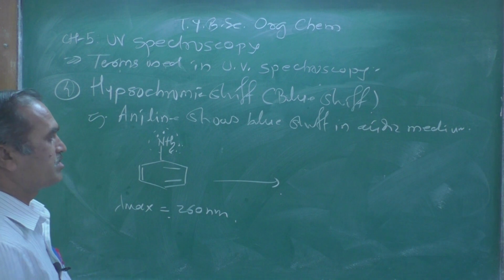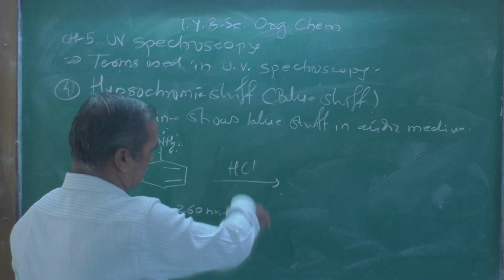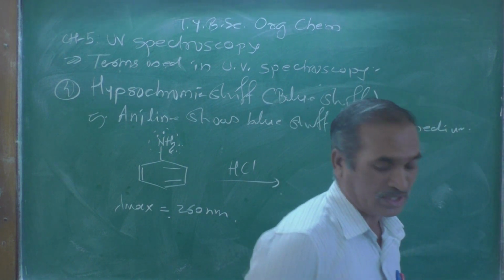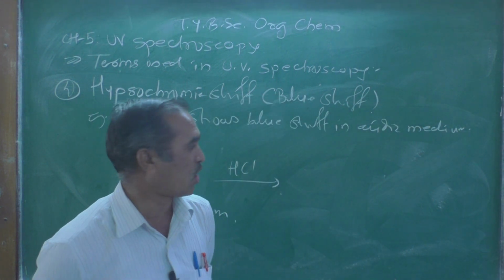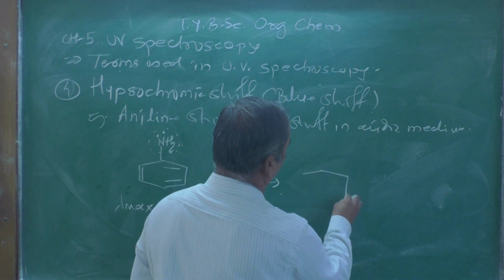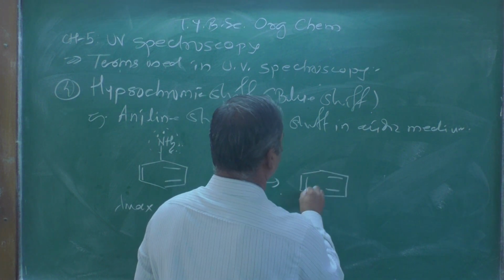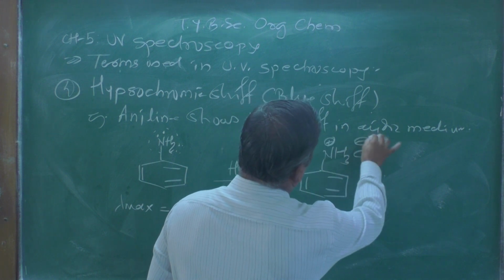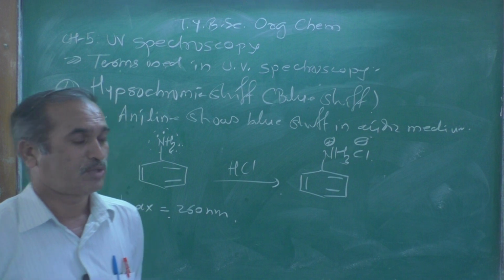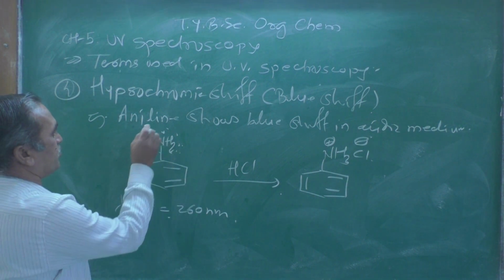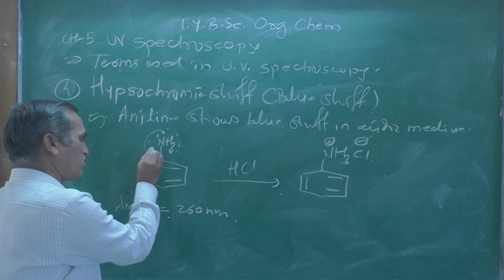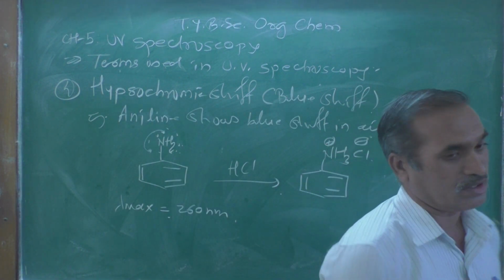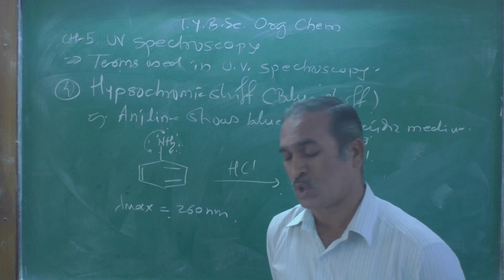And now when it is treated with HCl, which is an acid base reaction, the resulting compound formed is the salt, and you get this type of compound: NH3 with a positive charge and Cl with a minus charge. Now what is happening here: the lone pair on that nitrogen atom is readily available for donation, or it is involved in delocalization.